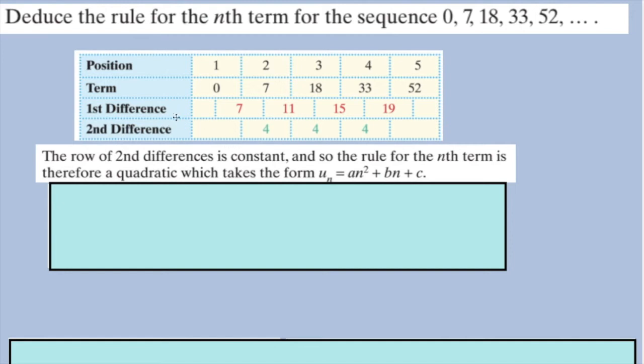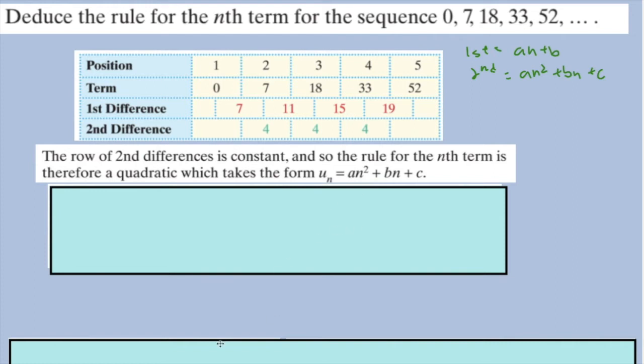This is first degree, second degree. Second difference, power of 2. And we get it in the form a n squared plus b n plus c. With the first difference, like we saw in the first one, it was just an plus b. Now with the second difference, we have a n squared plus b n plus c.